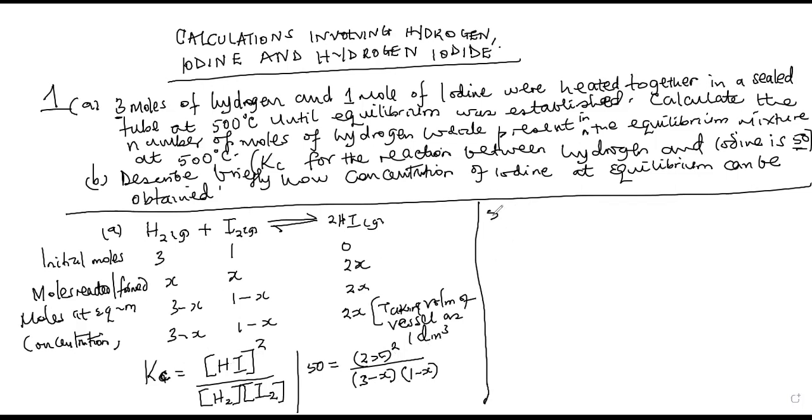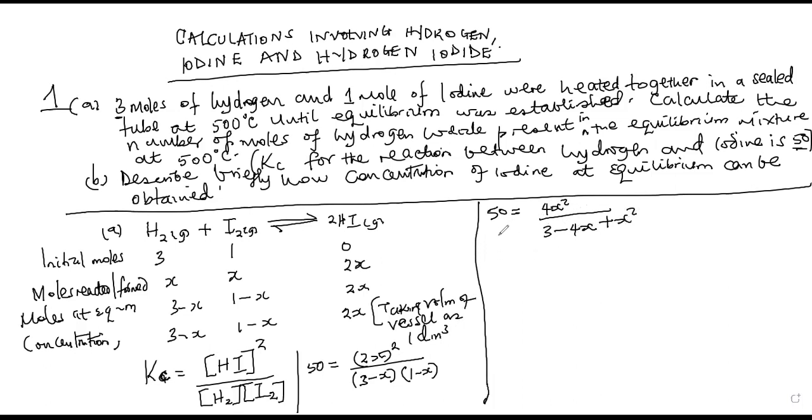Means we have 50 is equal to 4x squared over 3, expanding the bracket, minus 3x minus x, which is minus 4x, then plus x squared.